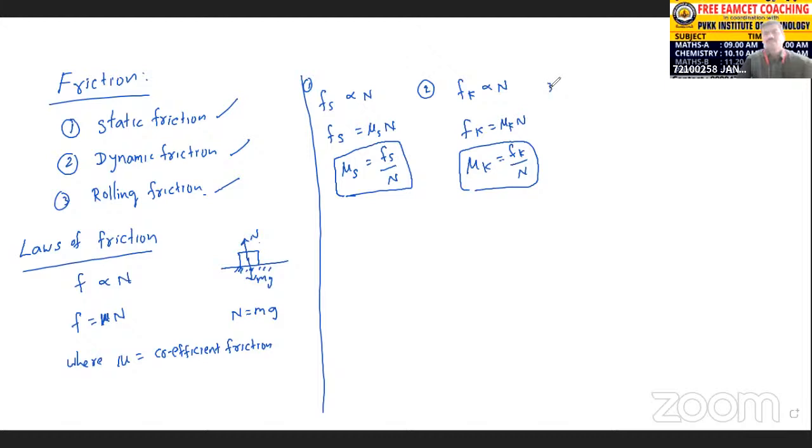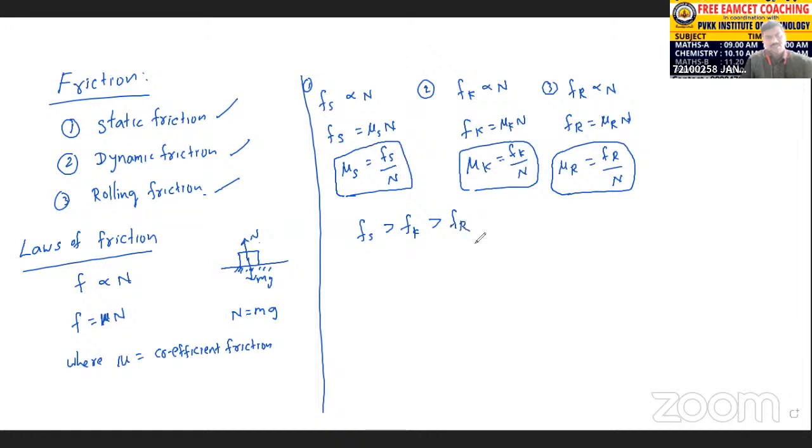And the third one, rolling frictional force. Rolling frictional force Fr is directly proportional to normal reaction. Fr is equal to mu r into N, where mu r is the coefficient of rolling friction. The coefficient of rolling friction is defined as the ratio of the rolling frictional force to the normal reaction. So we know that static frictional force is greater than kinetic frictional force, which is greater than rolling frictional force.